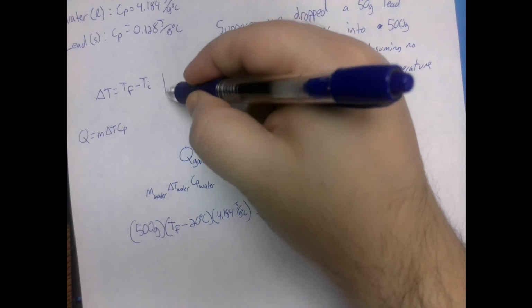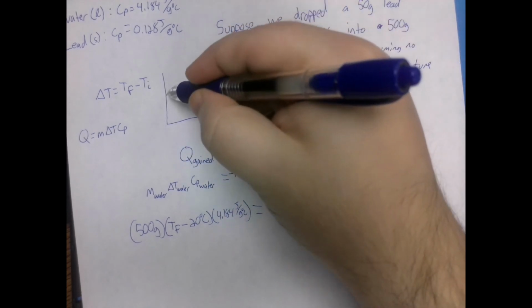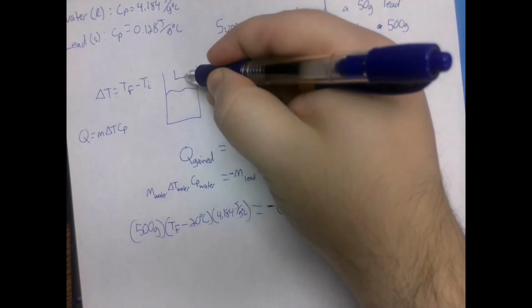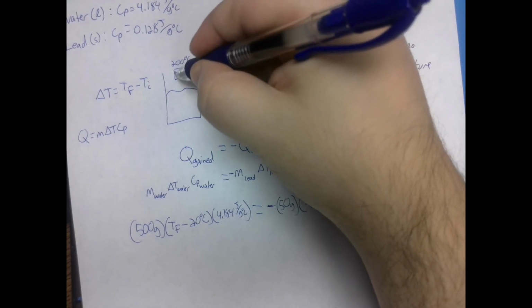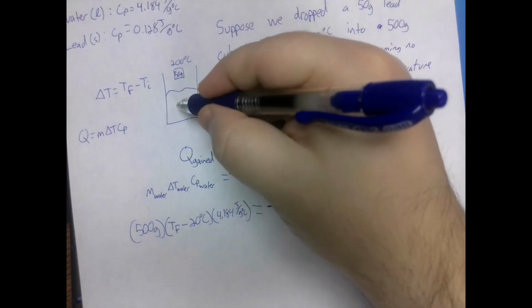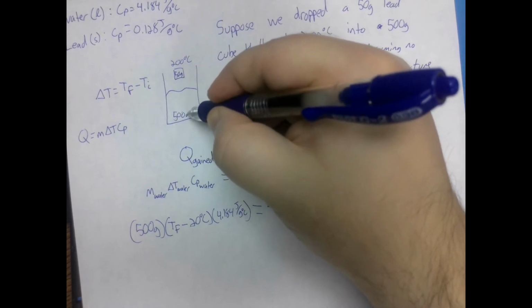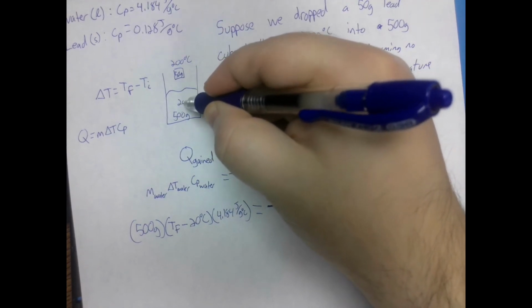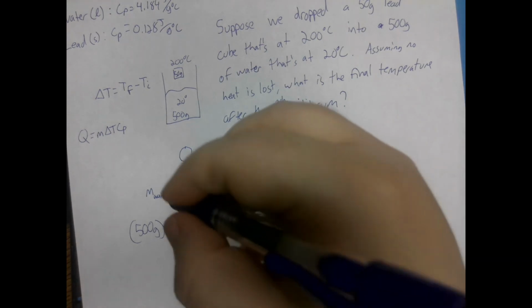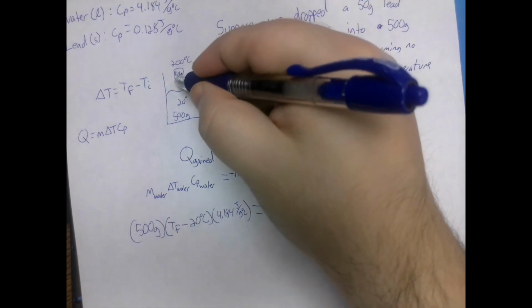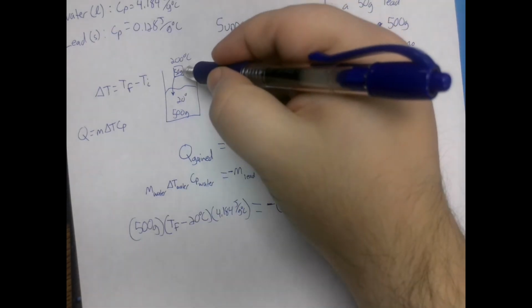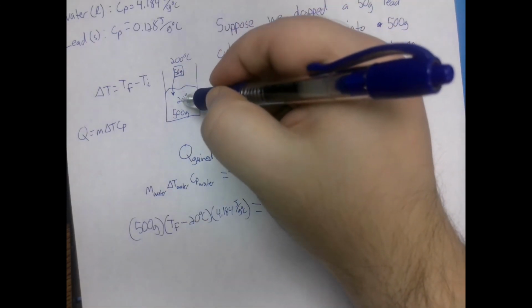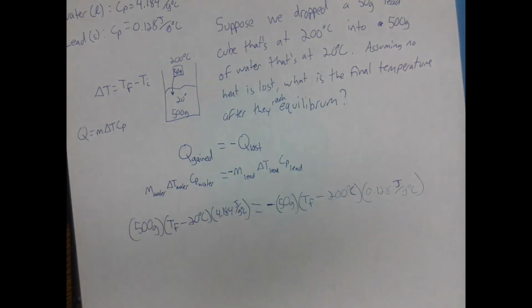So we have a cube that's at 200 degrees Celsius, 50 grams, and we have a 500 gram container of water that's at 20 degrees. When they mix, some of the heat is going to transfer into the water. So this is going to lose some heat, and this is going to gain some heat, right?